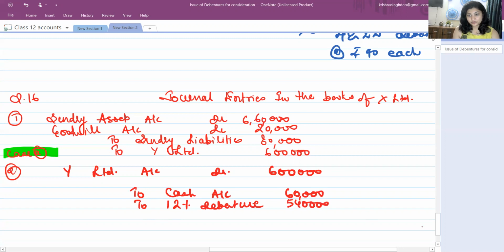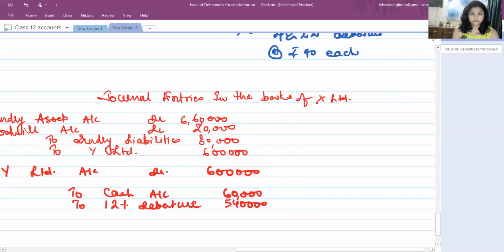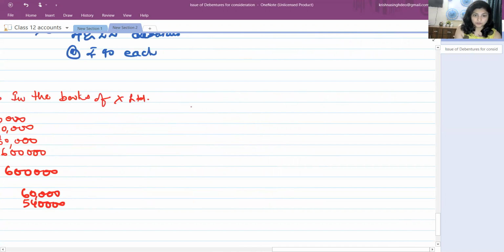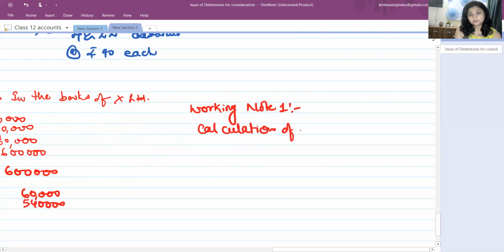Below here, on this side, I will do the calculation. This is my working note 1. Calculation of number of debentures.